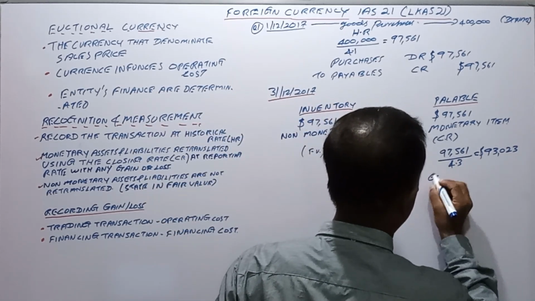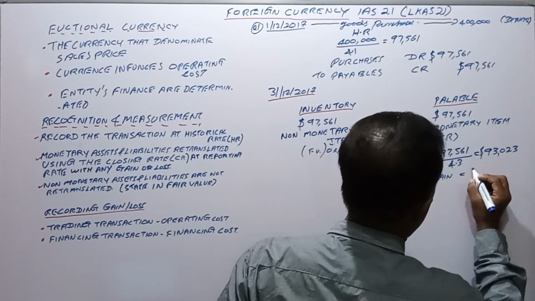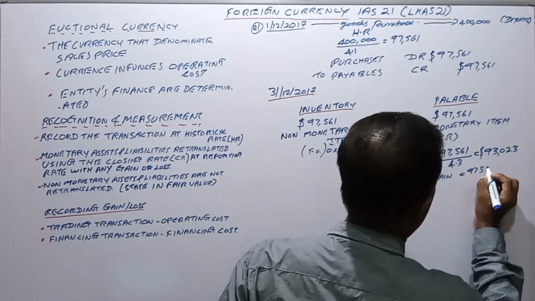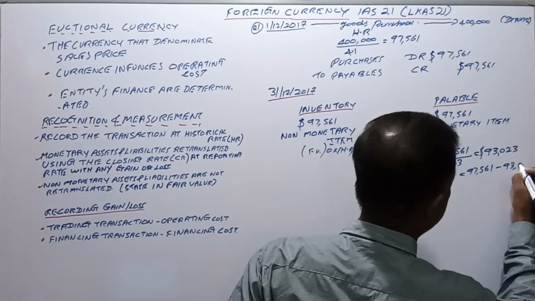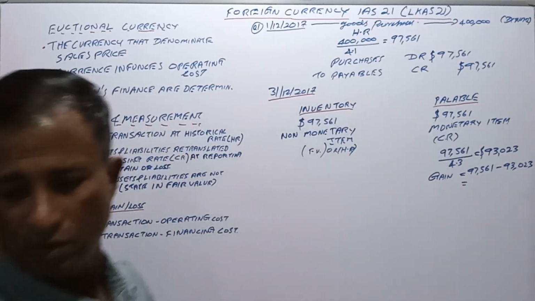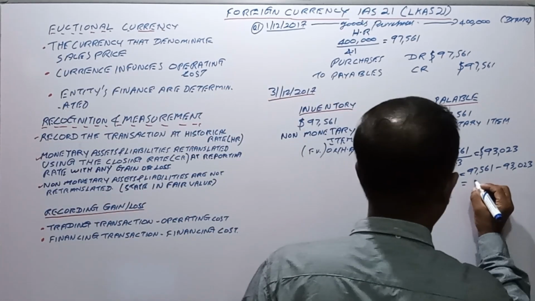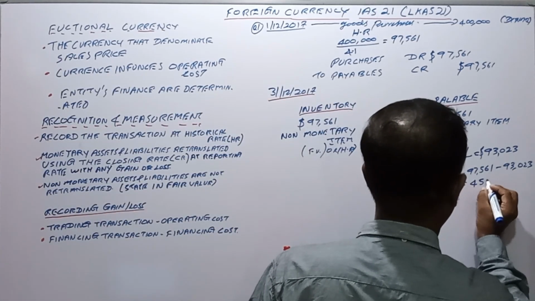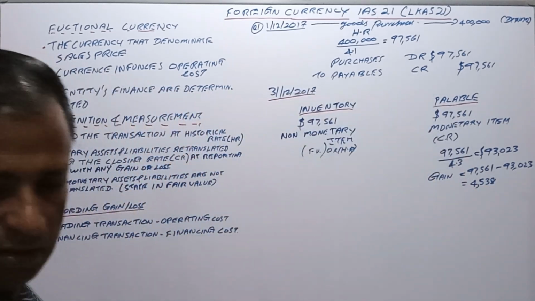The gain will be 97,561 minus 93,023, that is equal to 4,538. This is the difference you will get.